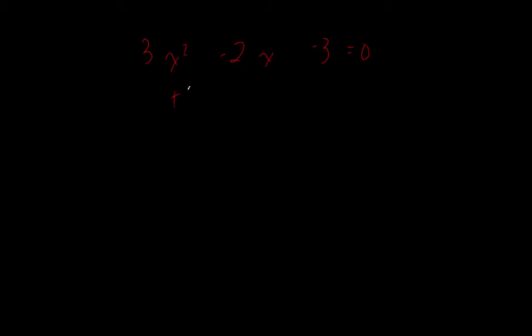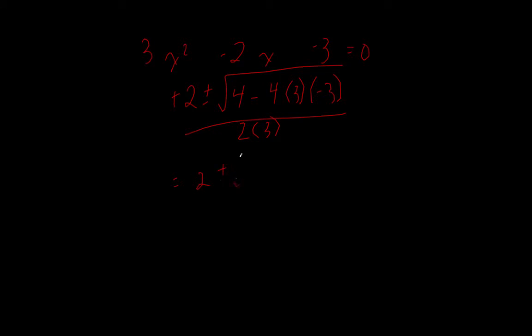Okay, so negative b plus or minus the square root of b squared minus 4 times a times c over 2a. So 2 plus or minus the square root of 4 plus 36 over 6.